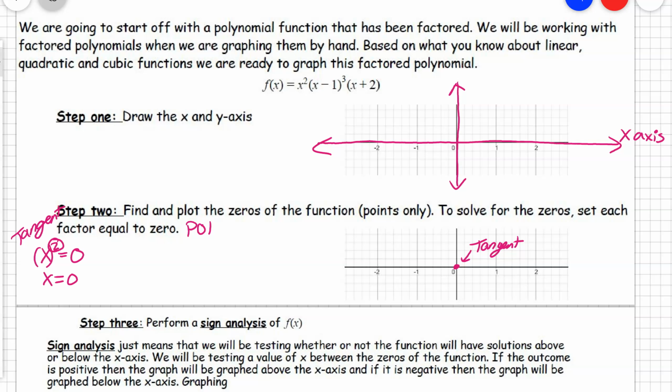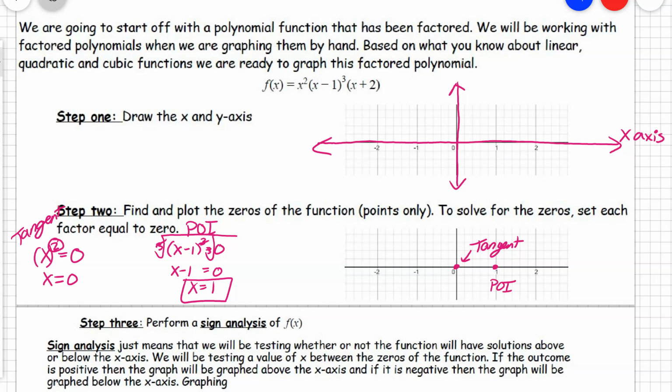So we know it's a point of inflection because it's cubic. So we have x minus 1 cubed equals 0. First step is to cube root both sides. The cube root of 0 is going to give us 0. These simplify out, we're left with x minus 1. Add 1 to the other side, x equals positive 1. So at x equals positive 1, we're going to end up with a point of inflection.